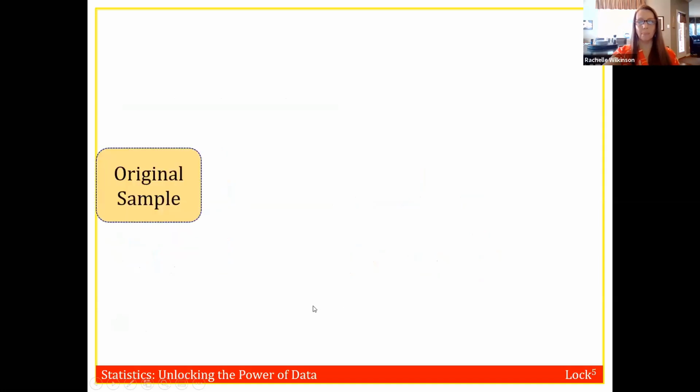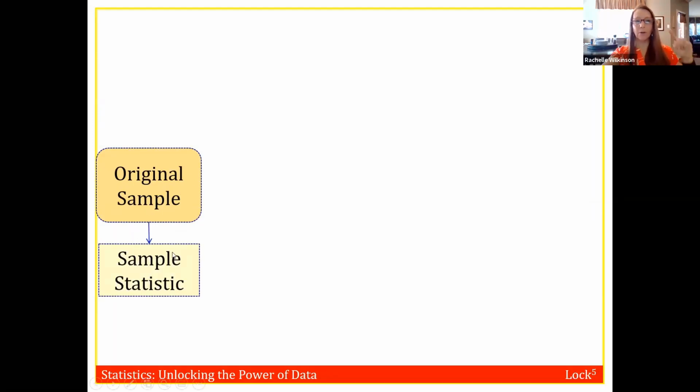So here's kind of a general breakdown. I have a couple slides that are going to show us the general idea of what we're doing, then we're going to write down some definitions. So we start with our original sample. Remember that the original sample was randomly selected from the real population. So I take my one original sample, randomly selected from the real population, and from that, I'm going to calculate my sample statistic.